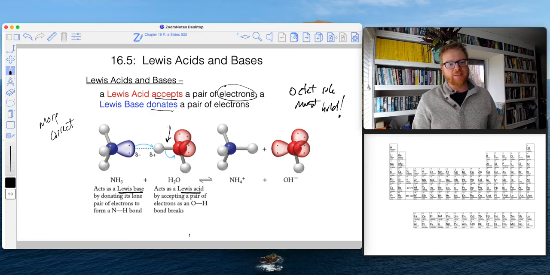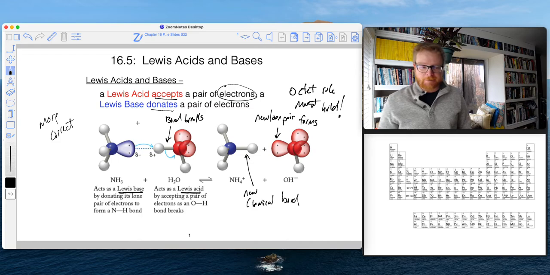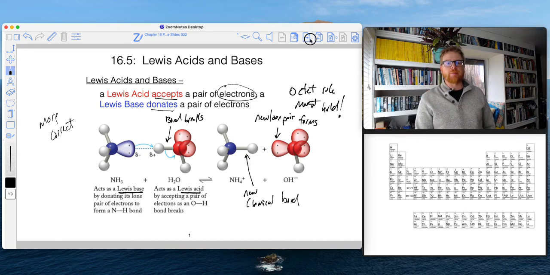So here we can see a bond breaks and a new lone pair forms. And then, of course, we've also made a new chemical bond from those donated electrons. Okay? So let's see another example.